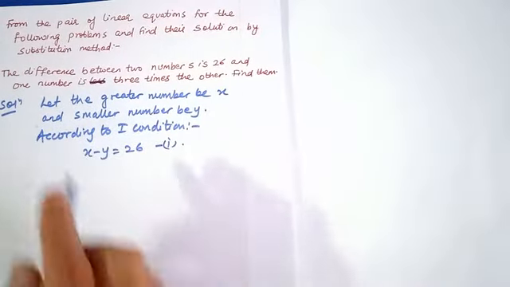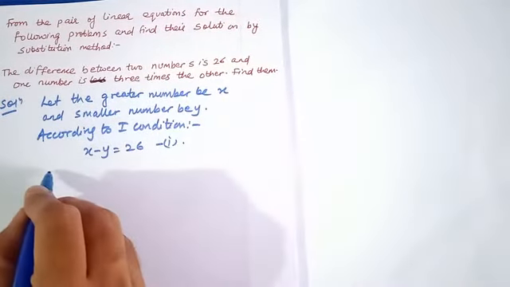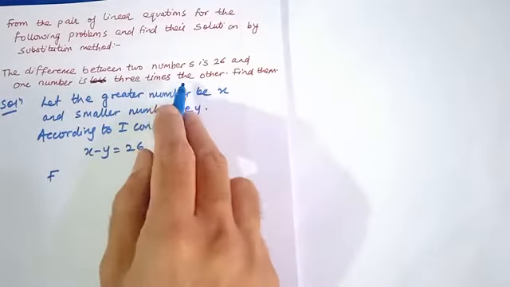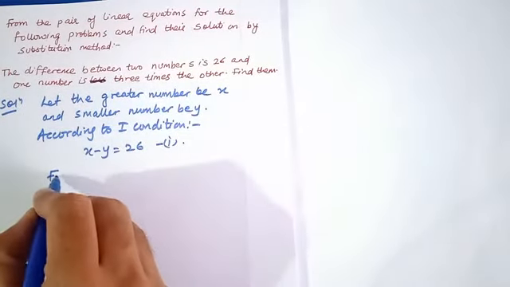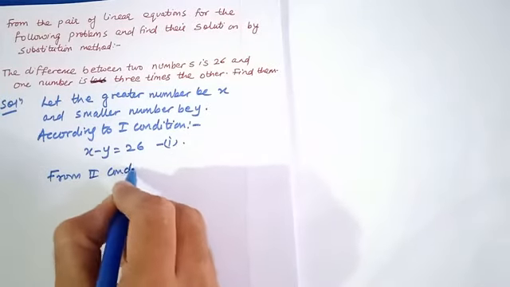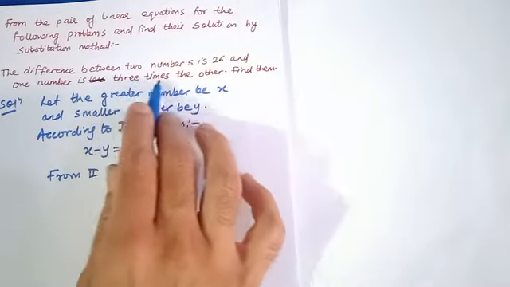Now, one number is 3 times the other. So from here we will get our second equation. From the second condition, one number is 3 times the other.